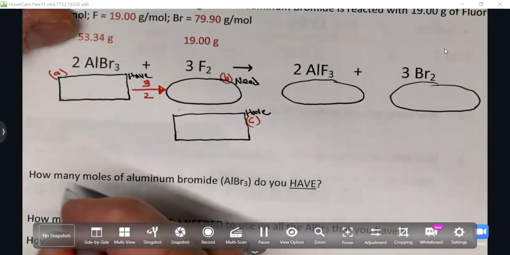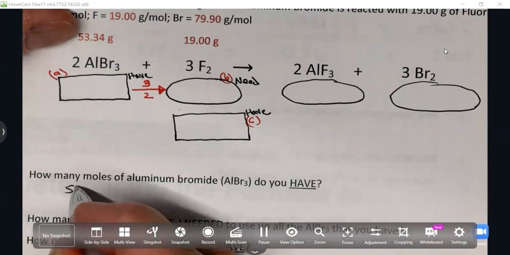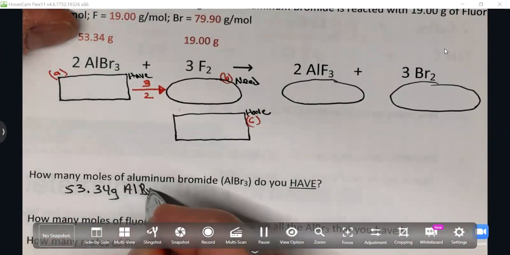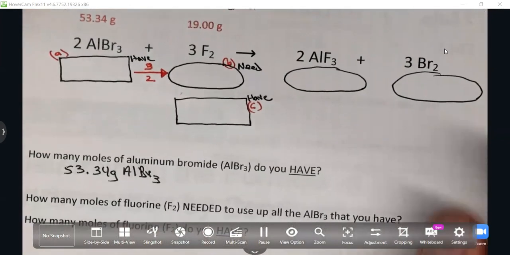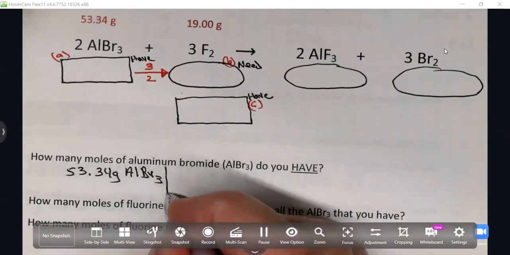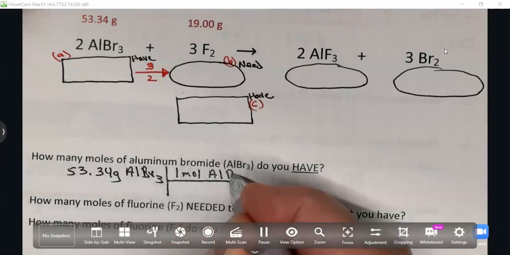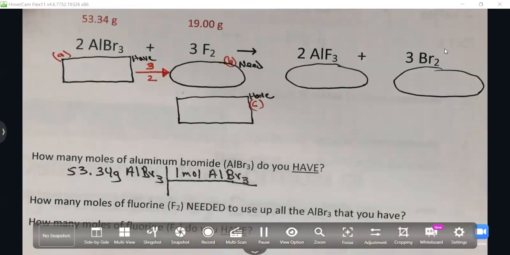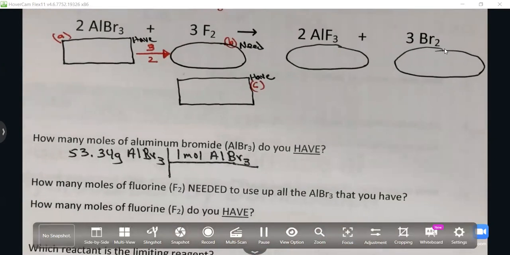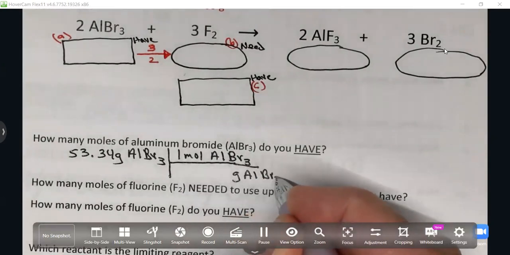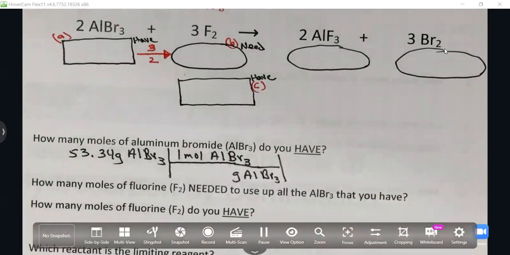We have 53.34 grams, and then 1 mole of aluminum bromide. How many grams of aluminum bromide? Periodic table calculator.